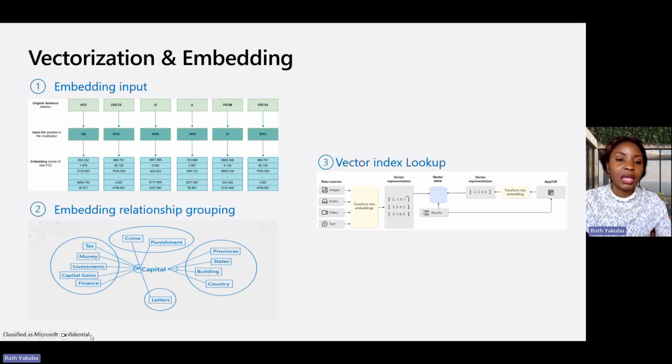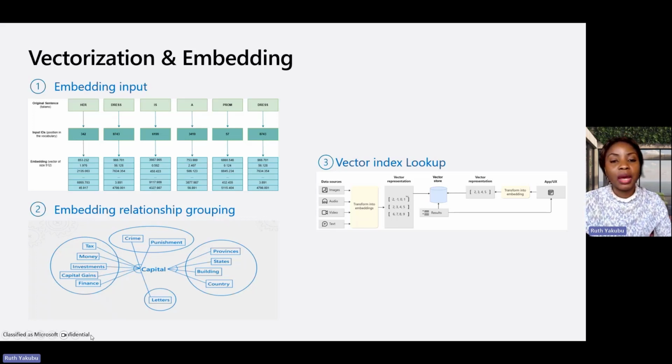So the very first thing, the process of vectorization and embedding, is first you have text that you present to the system. So let's say you have your CSV file with your data. You upload it. The very first thing is converting it into a numerical representation.